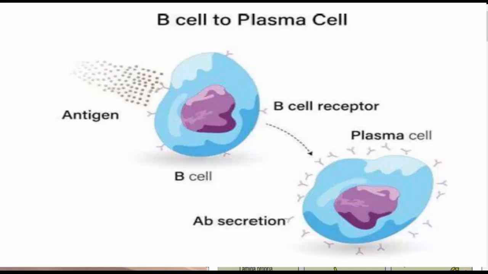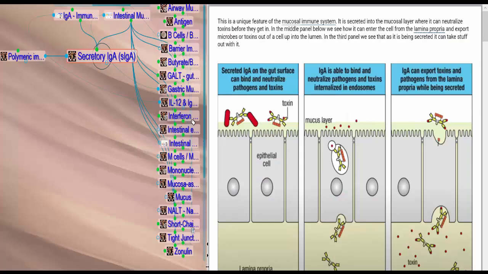However, the B cell can change into something called a plasma cell, and plasma B cell releases IgA into the lamina propria and other areas, and when it's been released or secreted, it's called secretory IgA, and it has a different structure when it's a secretory IgA. It's a unique feature of the mucosal immune system. So it's secreted into the mucosal layer, not only in the gut, but in the other mucosal areas of the body, such as the respiratory system. And once it's released, it can neutralize toxins before they get in.